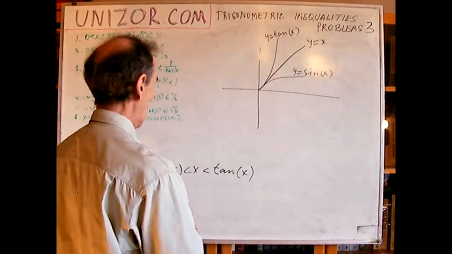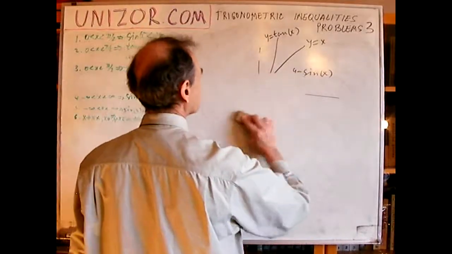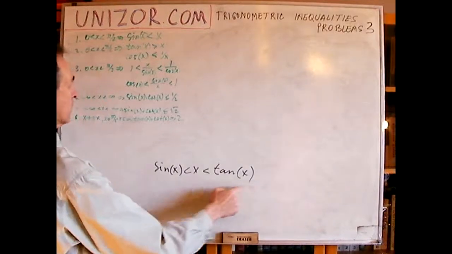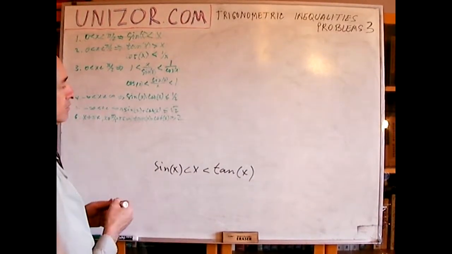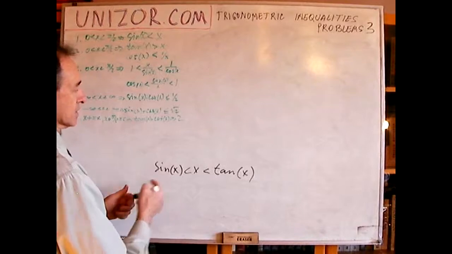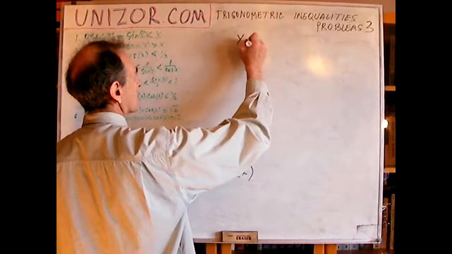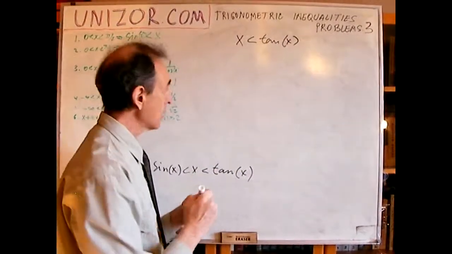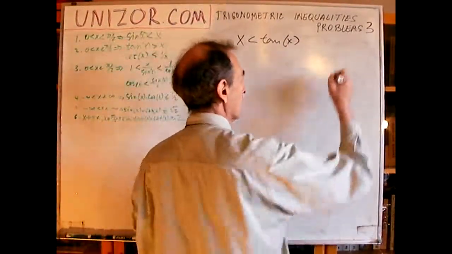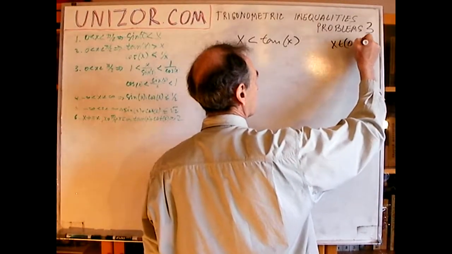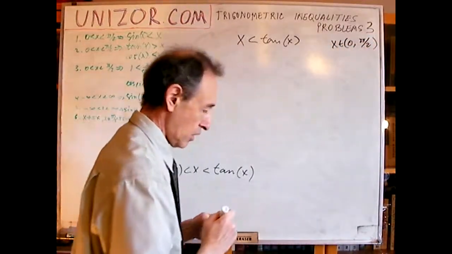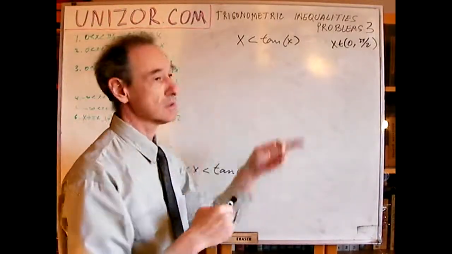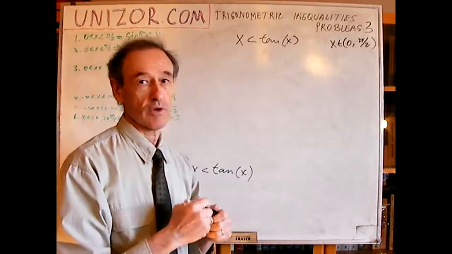Now, from this particular point, which we have just established, we can very easily derive a couple of other things. For instance, since x is less than tangent of x, and now they're all positive, we are talking about x always from 0 to pi over 2. So we know that if we invert numbers, then the relationship between them is also inverted, right?